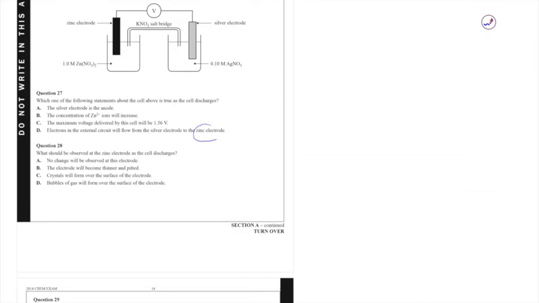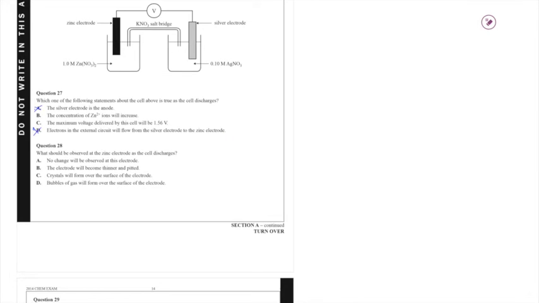So that means the zinc electrode must be the cathode, and that would indicate the silver electrode is the anode. Now if this was the case, both A and D would be correct, and multiple choice questions, unless specified, only have one correct answer. So that means neither D or A could be correct based upon that sort of logic.